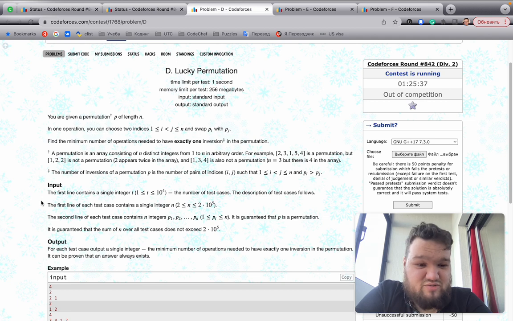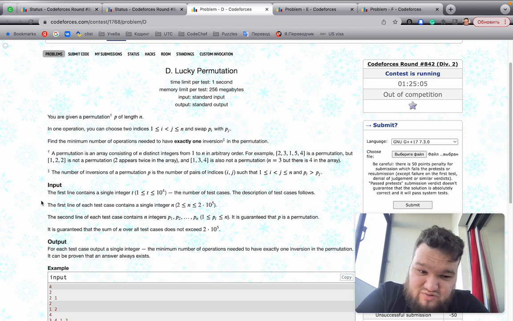That is not bad, because if we can sort the permutation in k swaps, that means that we cannot get to one inversion faster than in k-1 swaps, because otherwise we would be able to sort faster. So we know how to get answer k+1, and we know that the answer is at least k-1.